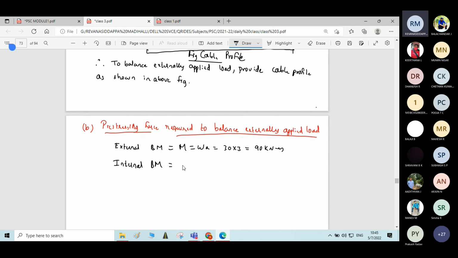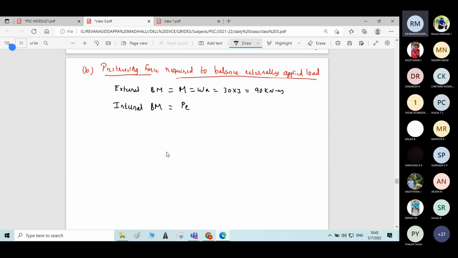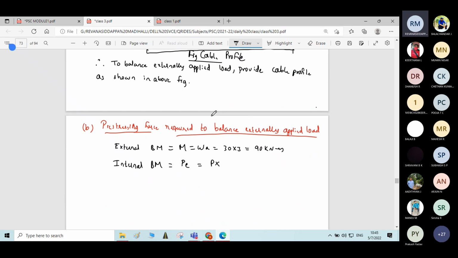What is moment due to pre-stressing force? P into e, force into distance. Force P multiplied by eccentricity e will give moment. P is the unknown force, into eccentricity 140.